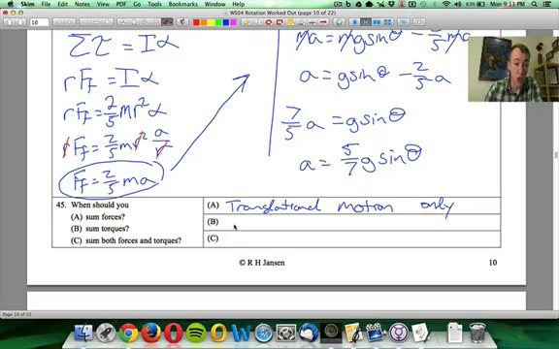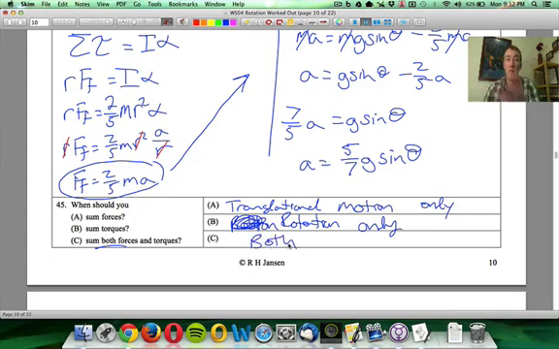You're going to sum up the torques when you have rotation only. And then you're going to sum up both of them when you have both translational and rotational motion.